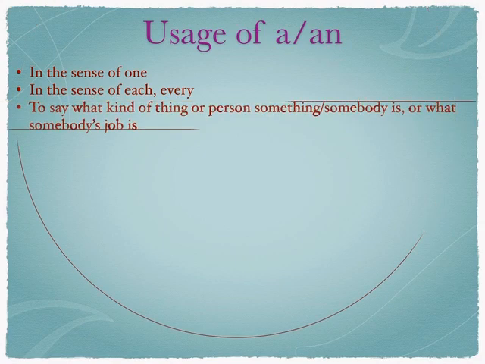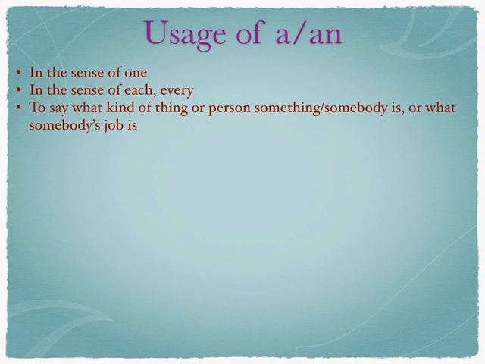To say what kind of thing a person, something or somebody is, or what somebody's job is. For example, an ostrich is a bird. Now here we have used an. An is used because here in ostrich, the O sound is there. So here we have seen that if there is a vowel sound, we have to use an.